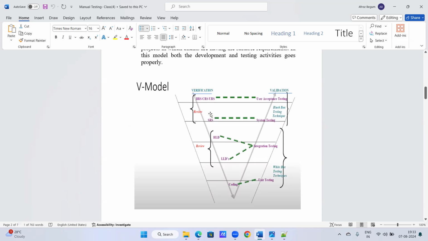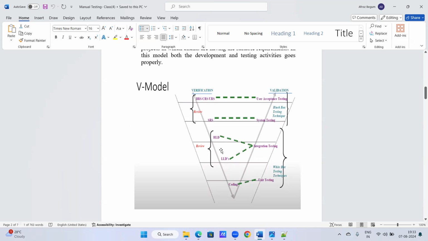So what I am saying here is we can conduct review in the form of walkthrough or inspection. By using any one of these three testing techniques, we can review these documents. Business people review this document, here the project manager, here designers.